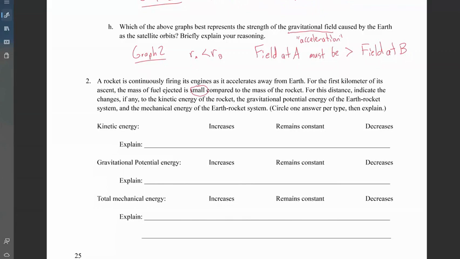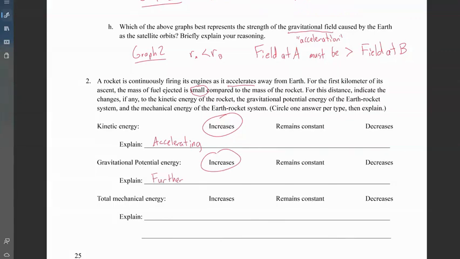So the kinetic energy, let's see, it accelerates away from Earth, so kinetic energy will increase. And all we really have to say is that it's accelerating. Next up, it says gravitational potential energy. Well, it's getting further away from Earth, so that increases.